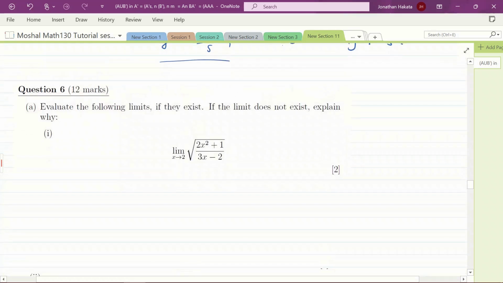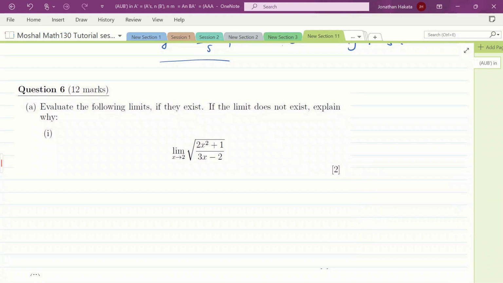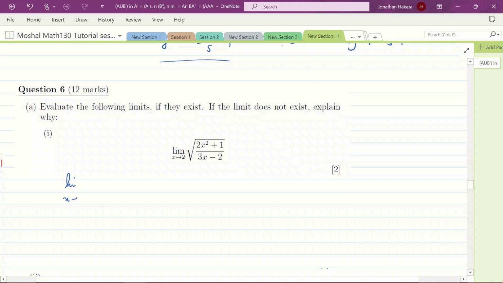But let's try these limits quickly. We are running out of time. So the limit as x approaches 2 of the square root of 2x squared plus 1 over 3x minus 2. Normally I like to rewrite the question. According to the properties of limits, I'm allowed to insert the limit into each part of this formula.